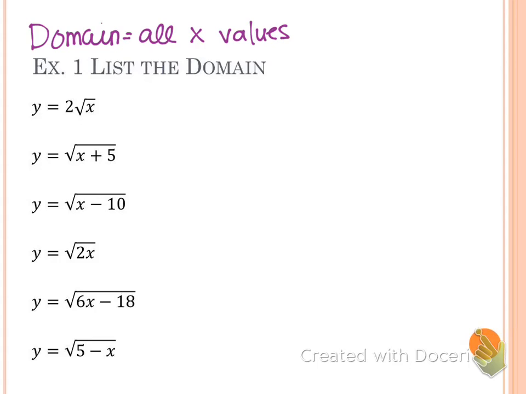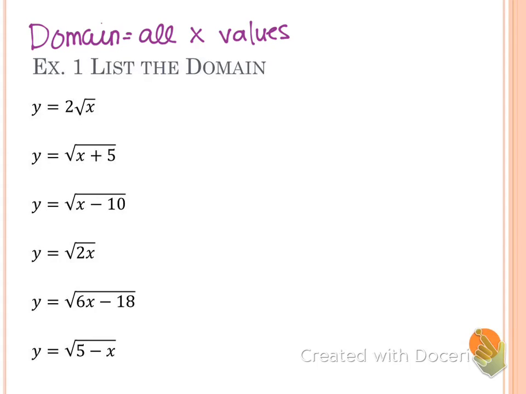I know no matter what, I cannot have a negative number underneath the radical. So as long as whatever's underneath the radical is 0 or bigger, I'm good to go. I'm in business, okay? But if it's a negative number, that's not going to work out for me. I can't have a negative number underneath there.